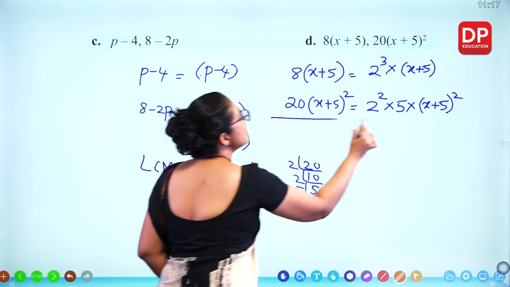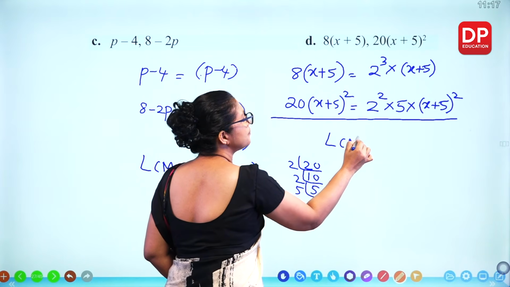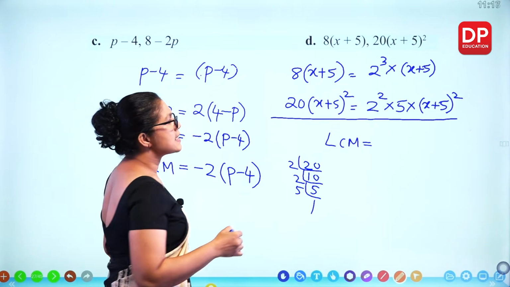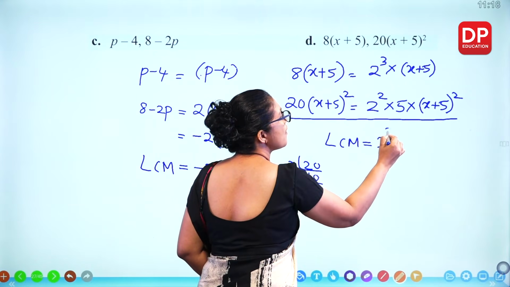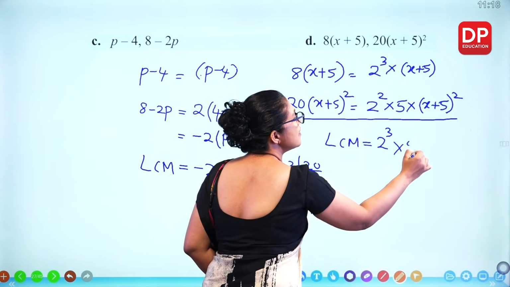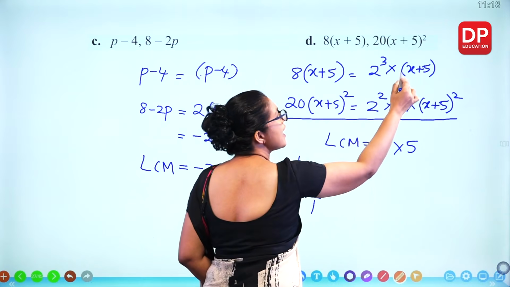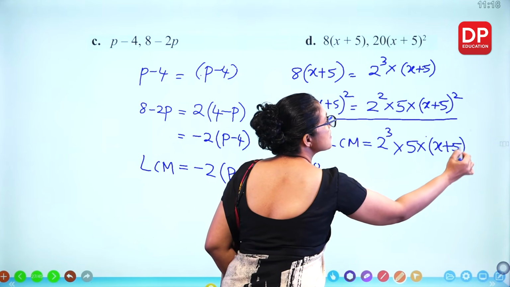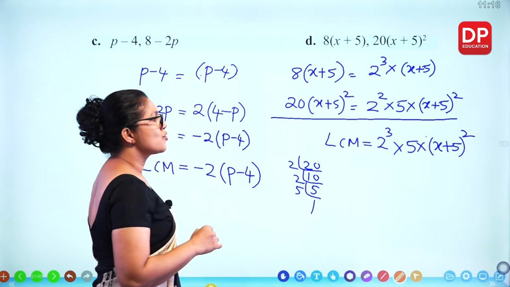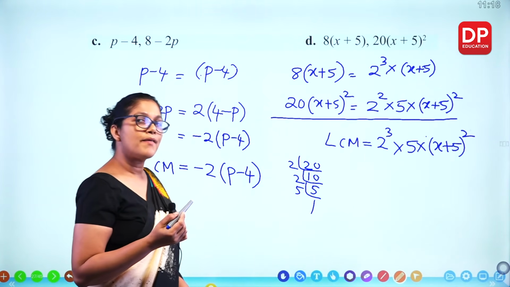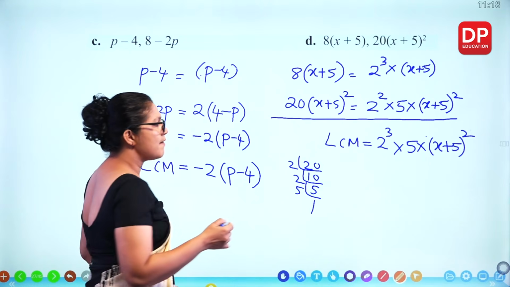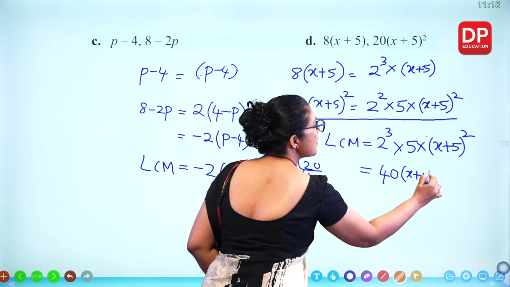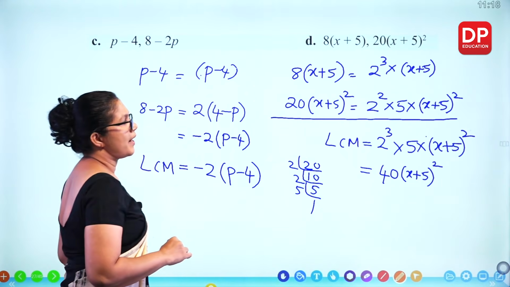Now when you take the lowest common multiple, what are the common terms? When you take power of 2, the maximum power is 3. So 2 to the power 3. When you take 5, 5 to the power 1. And when you take x plus 5, what's the expression? The highest one is x plus 5 to the power 2. So when you multiply, 2 to the power 3 is 8. 8 times 5, 40. 40 x plus 5 whole thing squared.